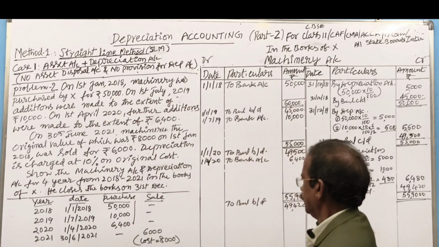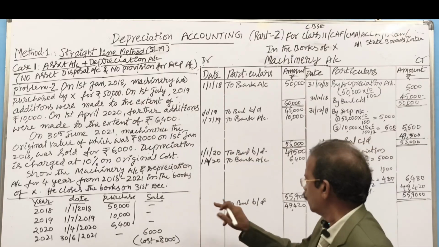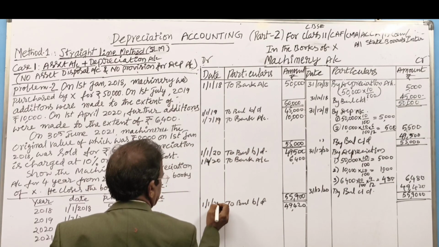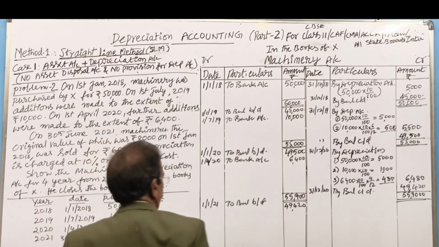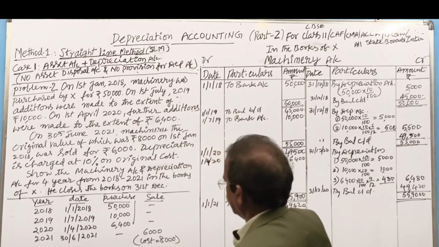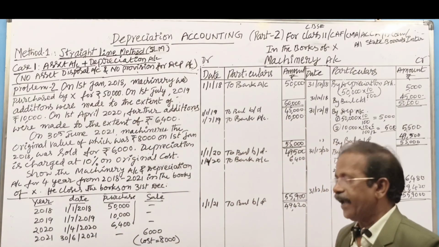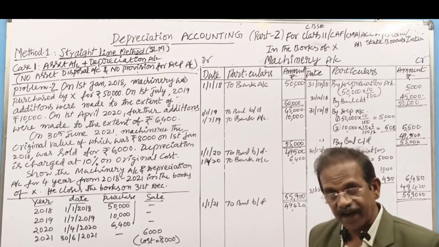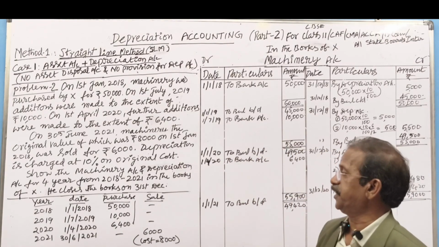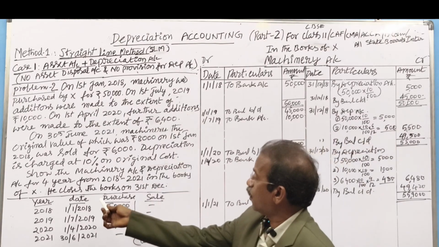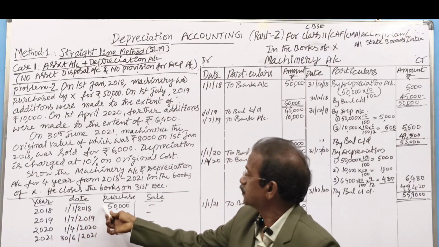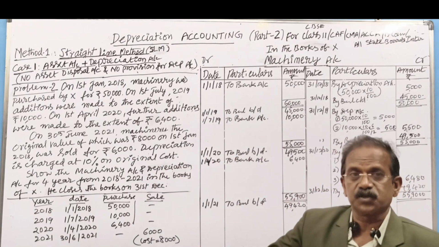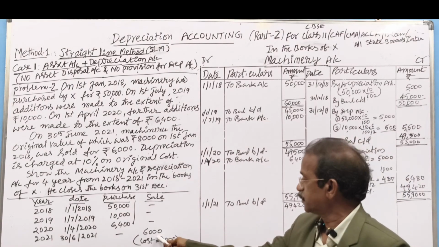Put the date, the beginning date of the fourth year, that is 1/1/2021, and in the fourth year we haven't purchased any machine. Instead, we sold a machine which was purchased on 1/1/2018. The cost of the machine which is sold is 8,000.